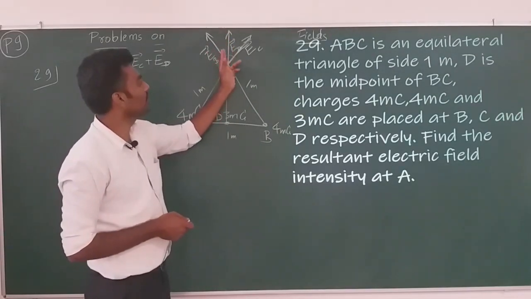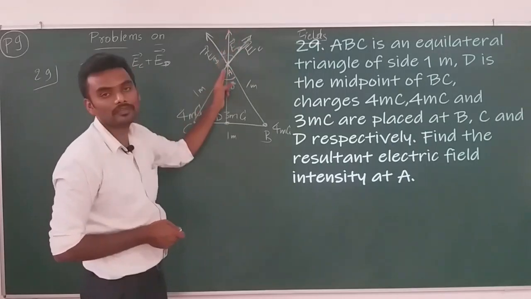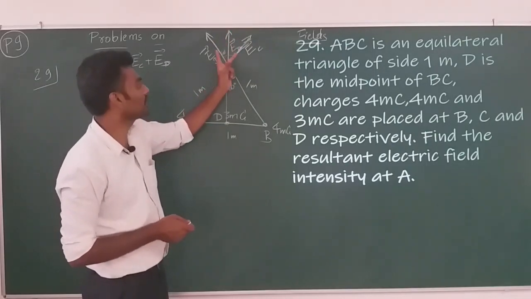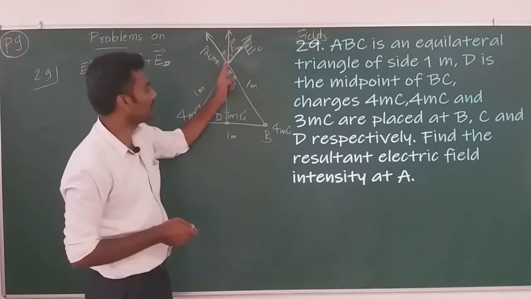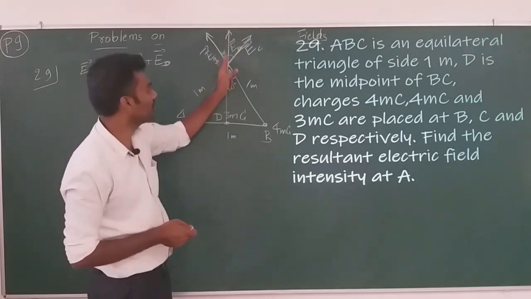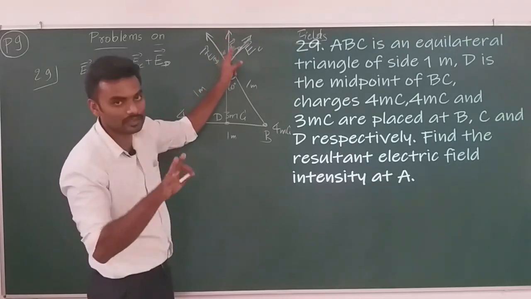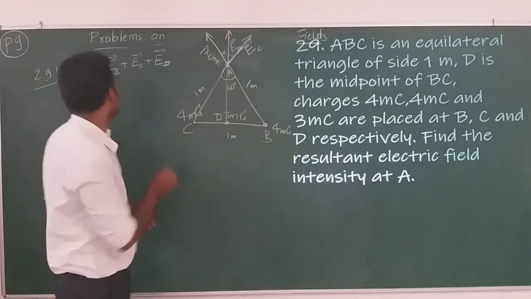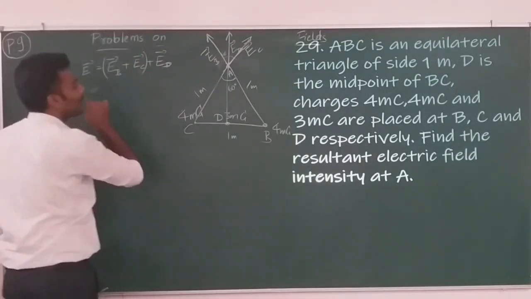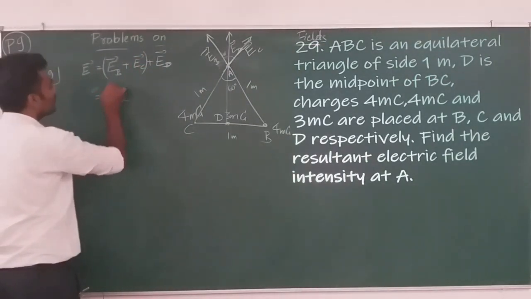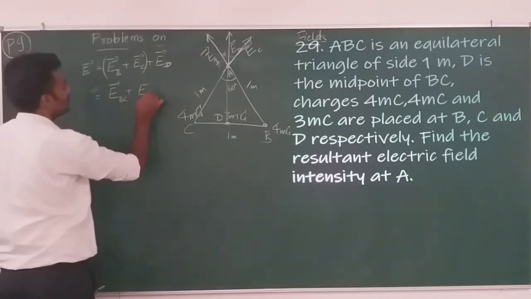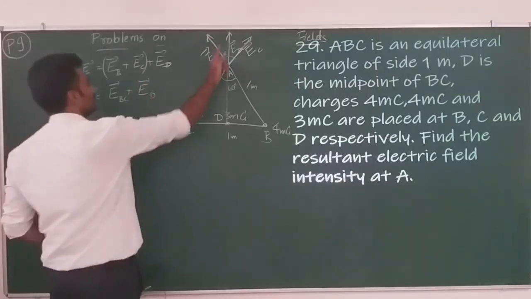So EB and EC will have the resultant along the same line as ED, like this at the center, because they are equal. So the resultant will be exactly at the middle. The resultant bisects the angle, which means this itself is the direction of EBC, the resultant of EB and EC, right? So this is equal to EBC plus ED. ED is in the same line.